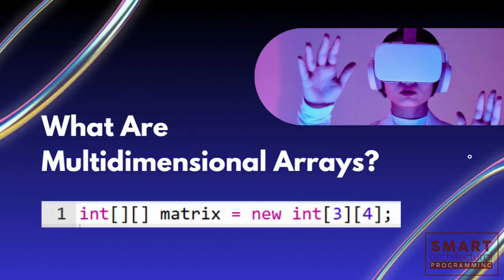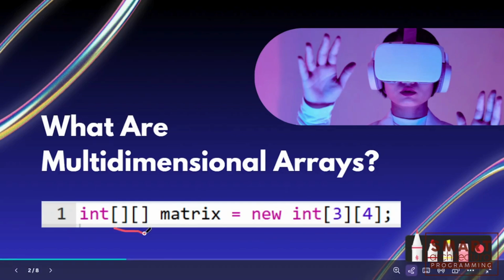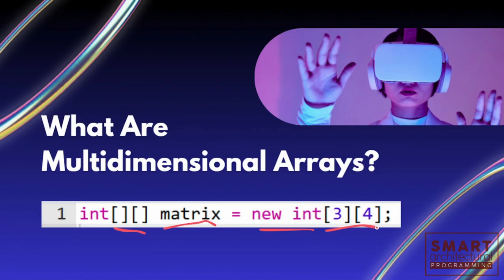And how do you initialize that array? You see it right on the screen right now. You write int with two square brackets, then the name of the variable, then you use the same new int terminology, and then you again use square brackets and write down exactly how many rows and how many columns you need in your array.